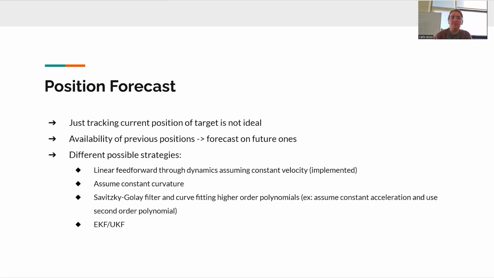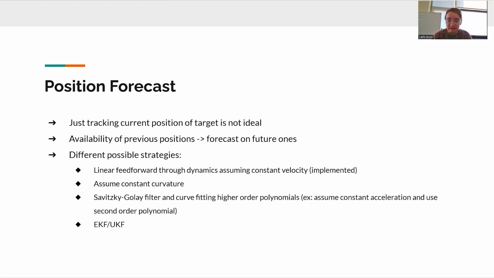For the tracking problem, one approach would be to track the current position of the target UAV. Another option would be, since we have the history of the previous positions of UAV A, to use different prediction methods to generate an estimate of a future location and track that estimated future location. There are different possible strategies for this position forecast, including linear feedforward through the dynamics by assuming constant velocity.